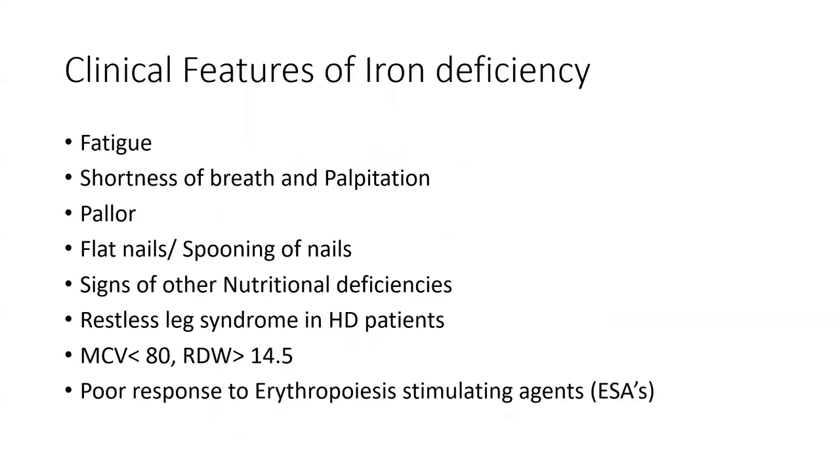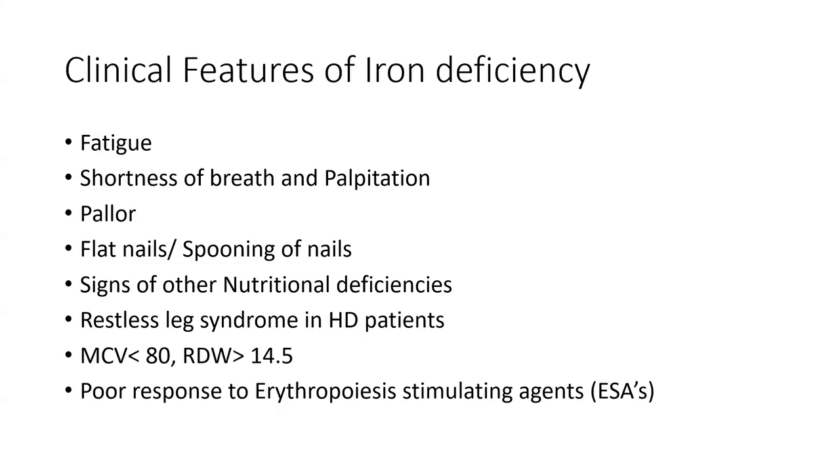Clinical features of iron deficiency: fatigue, shortness of breath. The patient can develop palpitation, pallor, and in severe cases, flat nails and spooning of nails. Usually, iron deficiency comes along with clinical features of other nutritional deficiencies like B12 deficiency and B complex deficiencies, and some dialysis patients might present with rarer symptoms like restless leg syndrome.